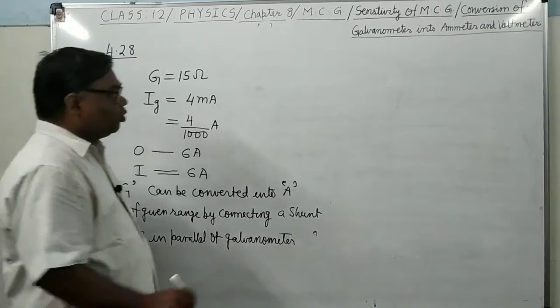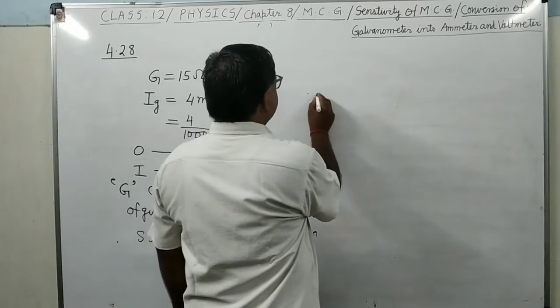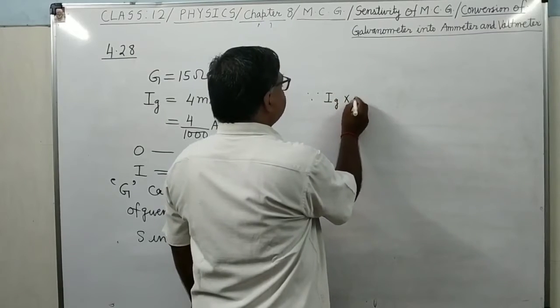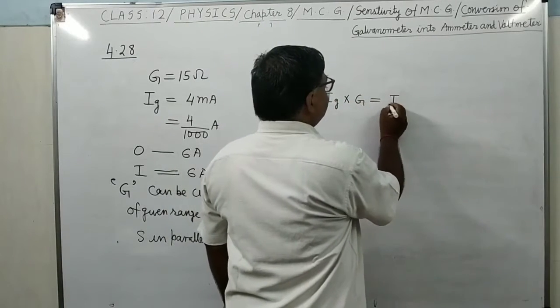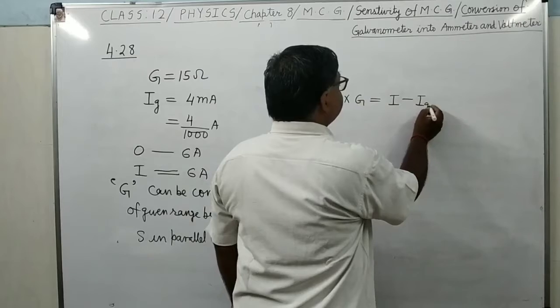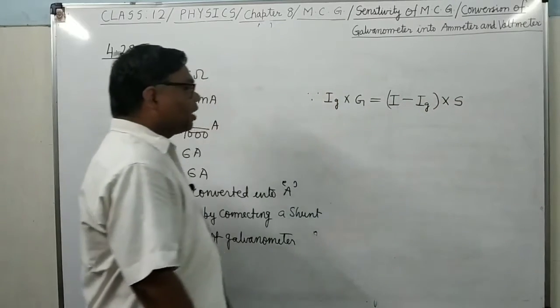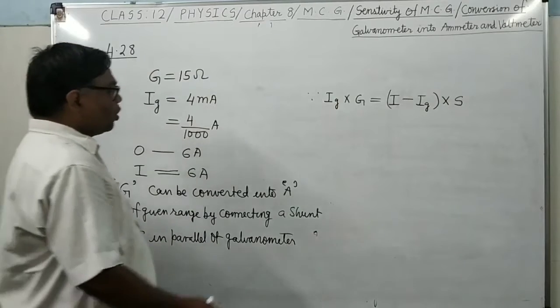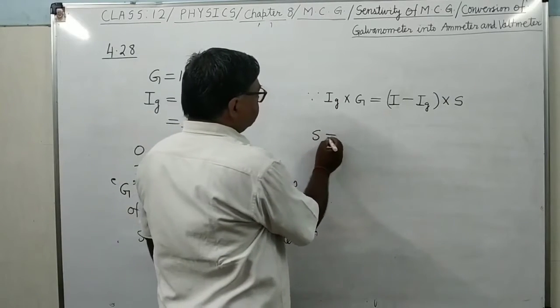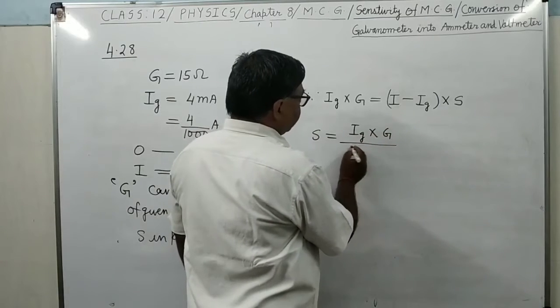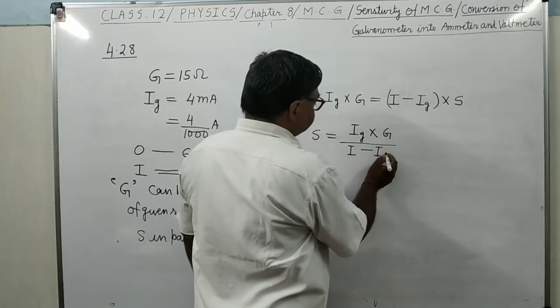Now what is the formula? Since Ig into G equals I minus Ig into S, you have to determine the value of S. So S will be Ig into G upon I minus Ig.